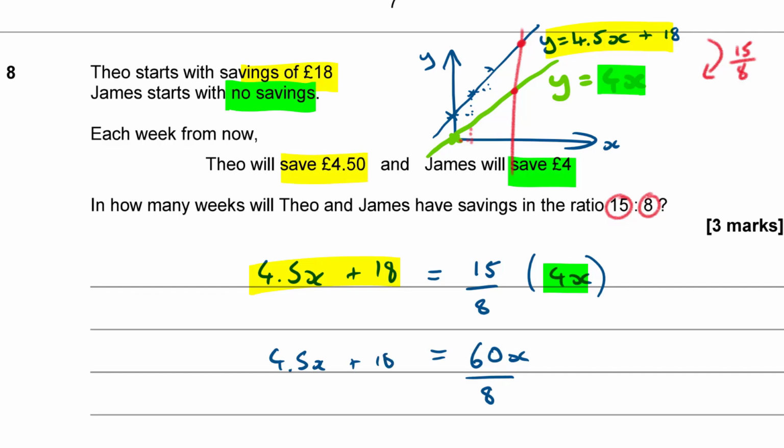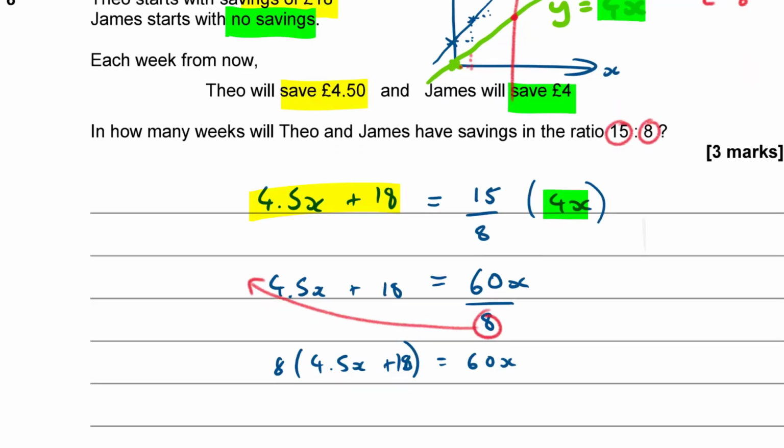I'm tempted to cross multiply that 8 to get rid of it. So let's take that 8 and move it over here. That gives me 8 lots of 4.5x plus 18, and that's equal to 60x.